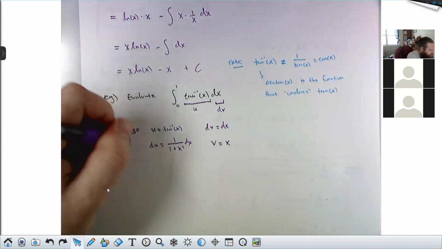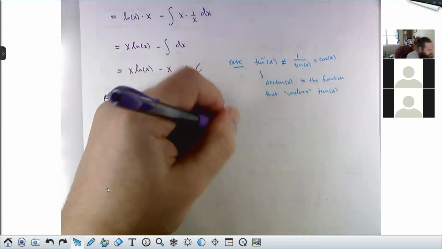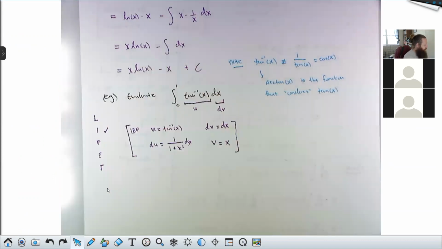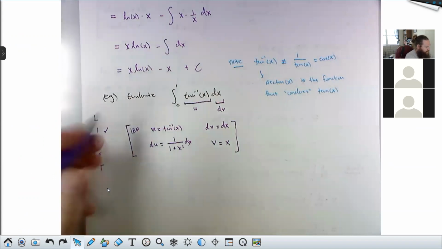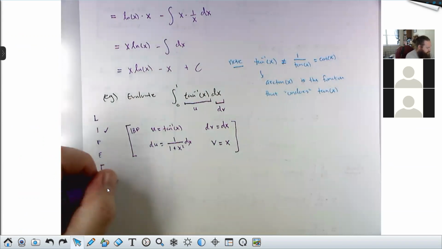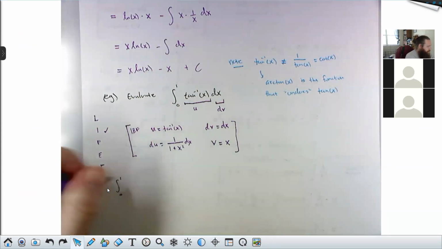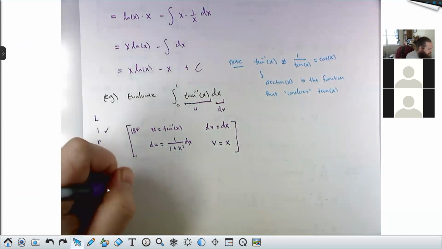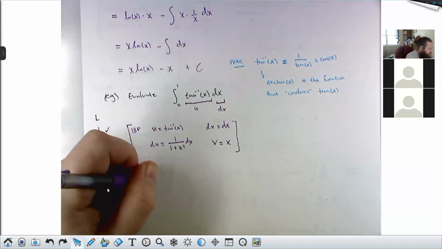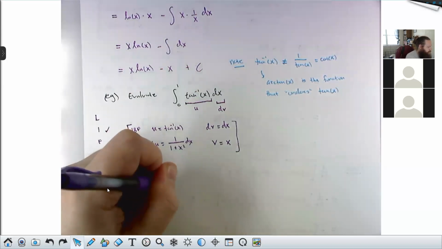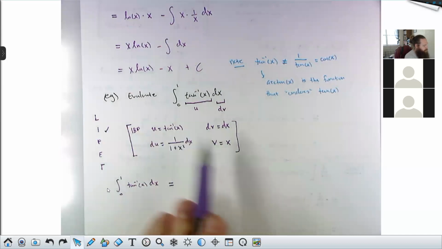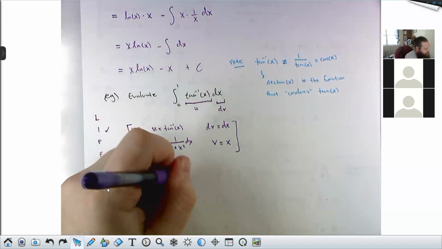So we use LIPET to pick u and dv. We calculate the integration by parts table. And now I use my integration by parts formula. It says the integral from a to b of u times dv is equal to u times v evaluated from a to b.